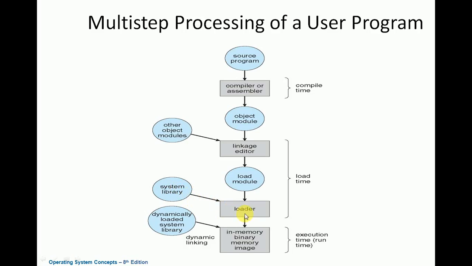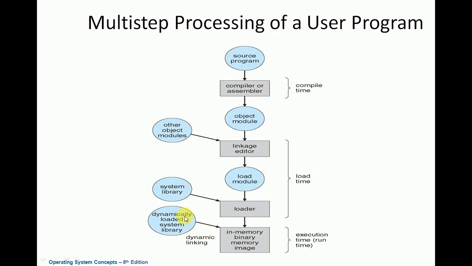So the loader's job is to link the load module with the system library. The system library will be included in the load module. So this is called load time. In load time we make use of the loader and linker, and after that we get an executable code. So in the main memory, the binary image of the code will be present.